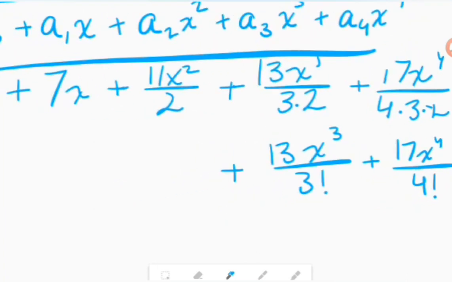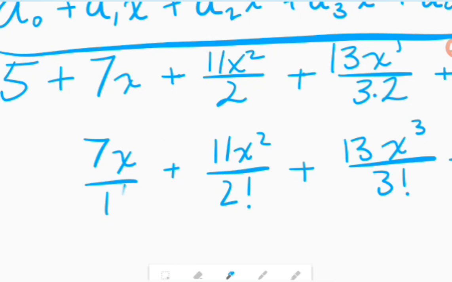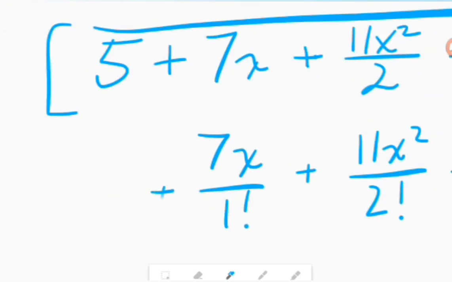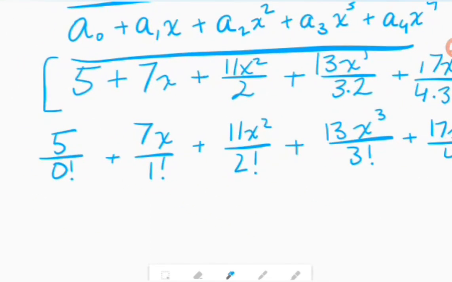So I can use these factorials. And then this one would be 11x squared over 2 factorial. This would be 7x technically over 1 factorial. And this would be 5, and we can say that's over 0 factorial, because 0 factorial is equal to 1.